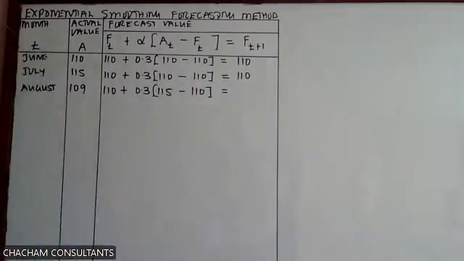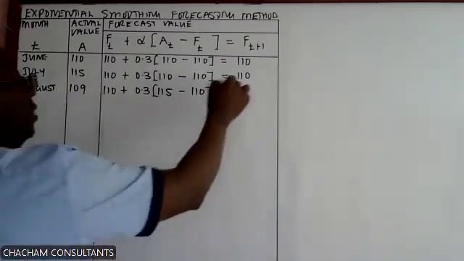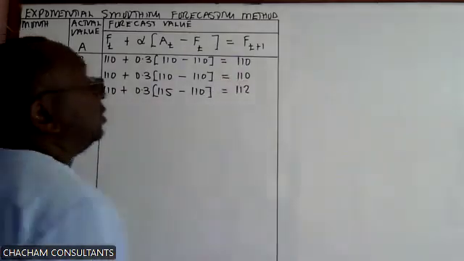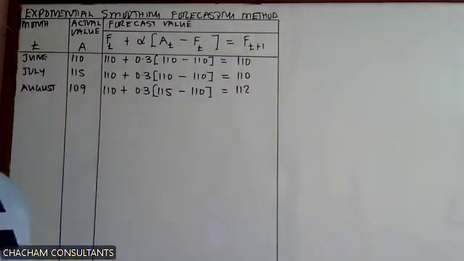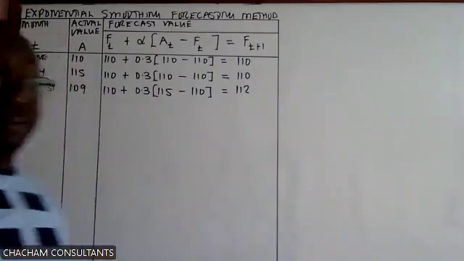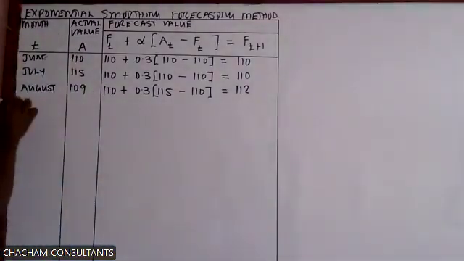So work that out and give me the answer. It is 110 plus 0.3 times 5, which is 111.5. I don't want to work with decimals, so I will make it 112. But in the exam, if you want to work with decimals, no harm. Then we go to September.